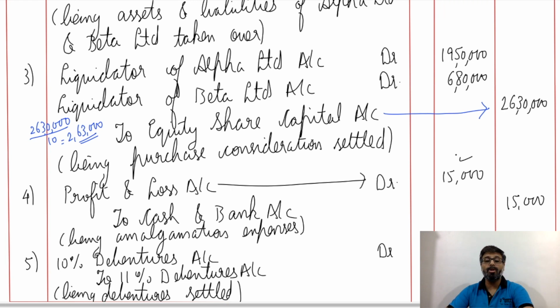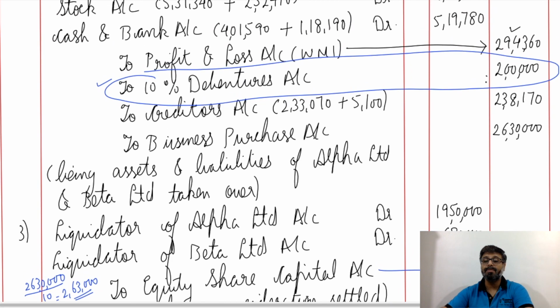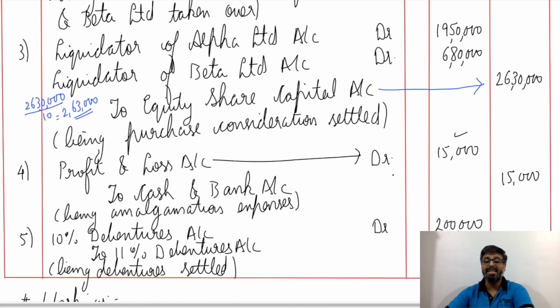So what is the net amount of P&L account we'll write in reserves and surplus? 294,360 minus 15,000.